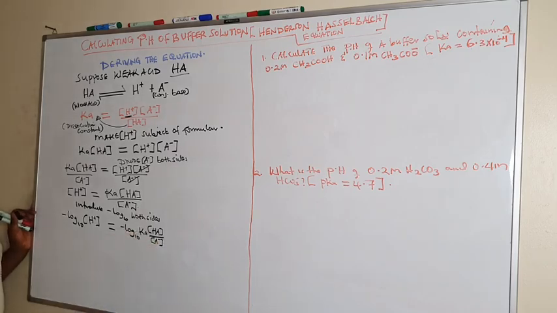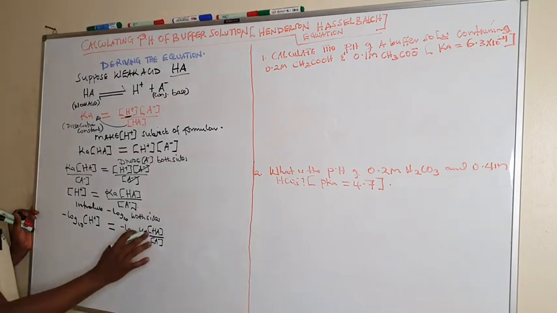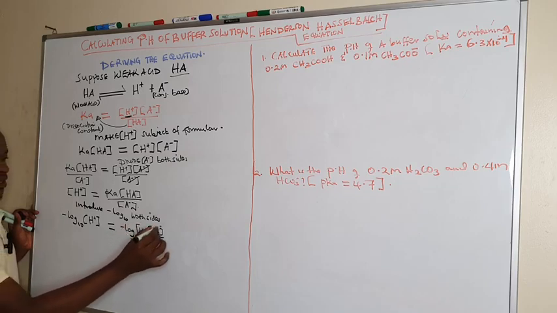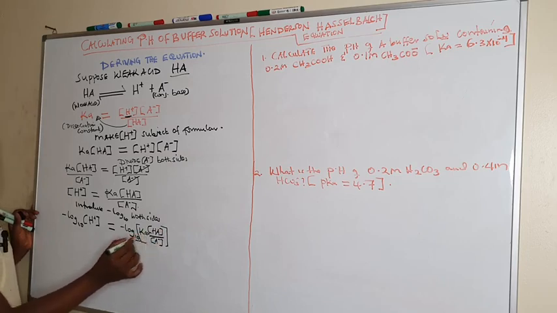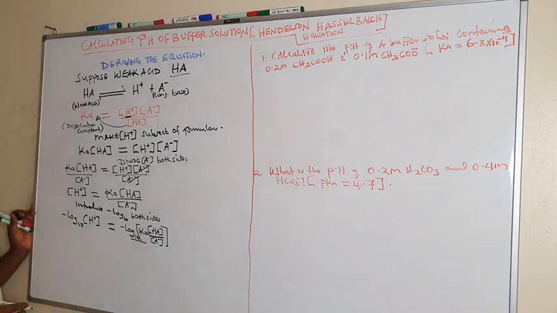Then here we bring in the rules of logarithms. If we are multiplying and the base is the same, we add. Here we have the same base and we are multiplying, so we shall add.